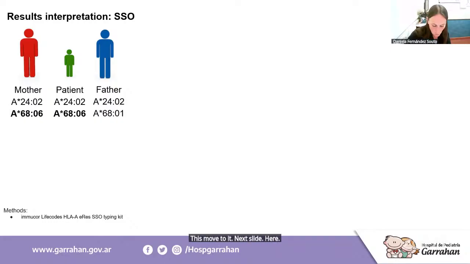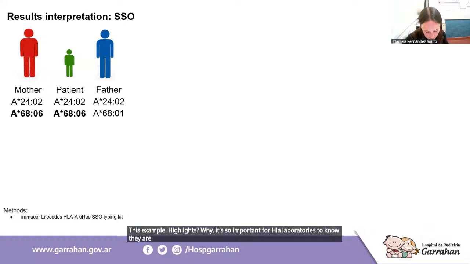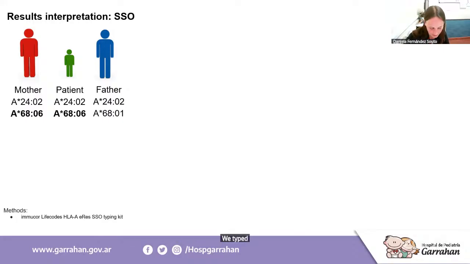Here's a real-world example. This example highlights why it's so important for HLA laboratories to know the allele frequencies in their population. We typed a family at intermediate resolution and observed an unusual result. HLA-A*68:06 appeared in both the mother and the patient, a rare allele in our population.